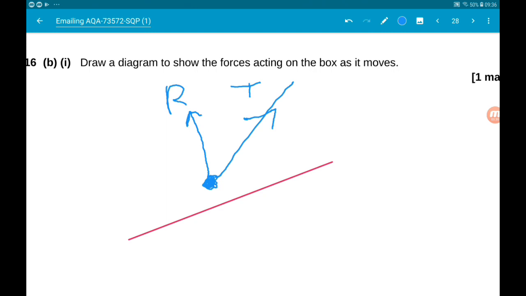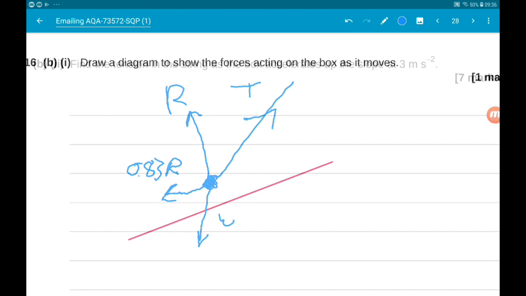We're going to have friction trying to hold us back. Now that we know what mu is, that's 0.83 times the reaction force, and then we've got weight pulling us downwards. So that is all the forces acting on the box.